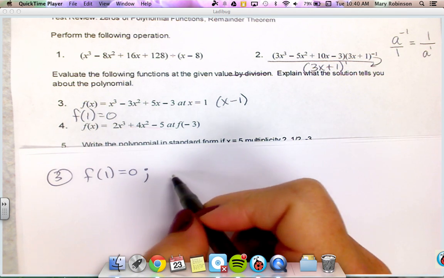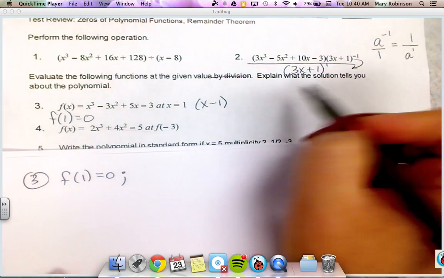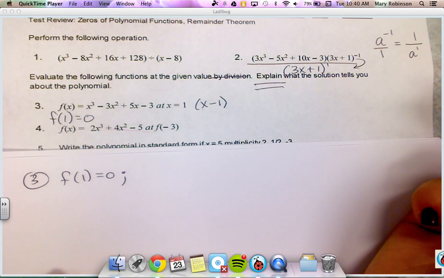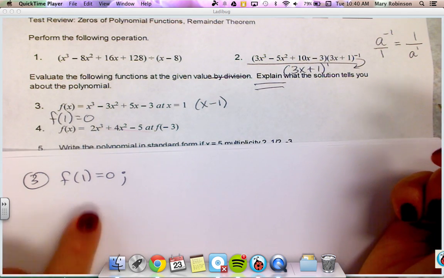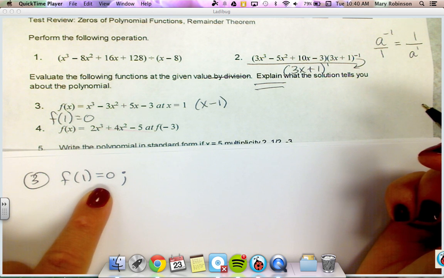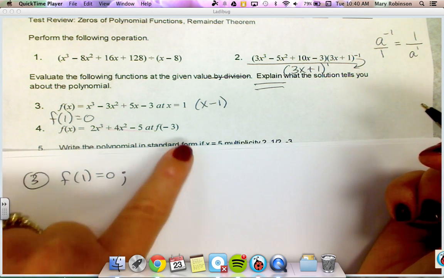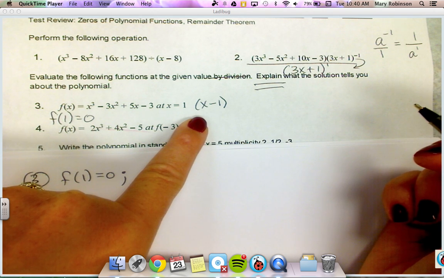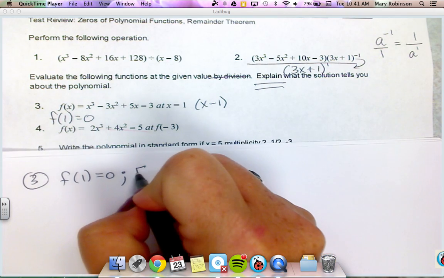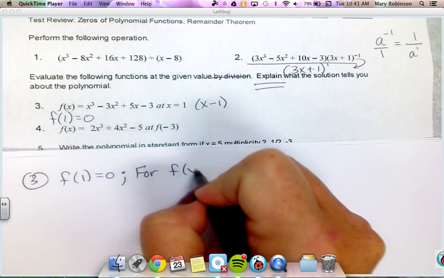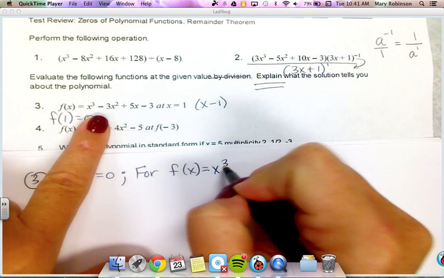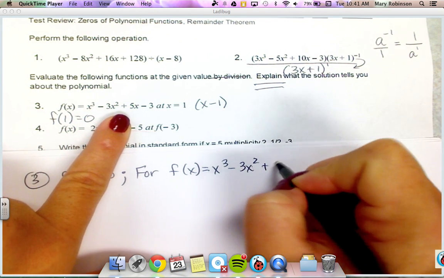Then with a semicolon, you can separate your thoughts and do this part, which is explain what the solution tells you about the polynomial. Remember that based on our factor theorem, if our remainder is 0, then that means that x minus 1 is a factor. So let's write that. So I taught you to write the statement. For f of x equals, and then just copy your function down.